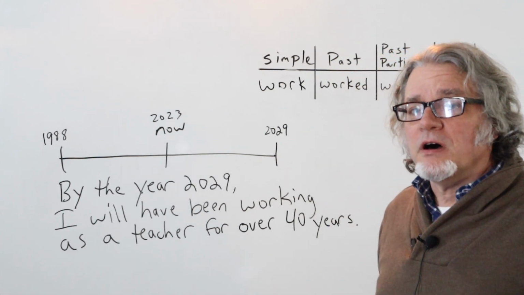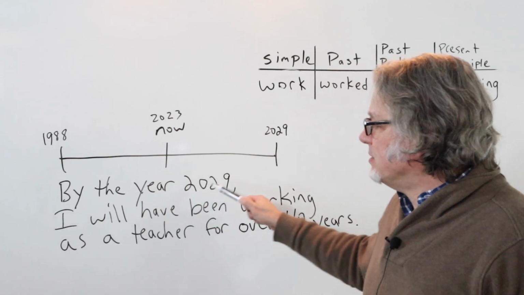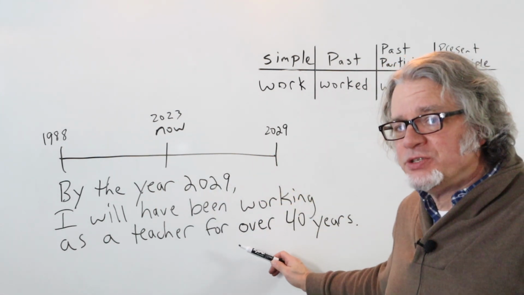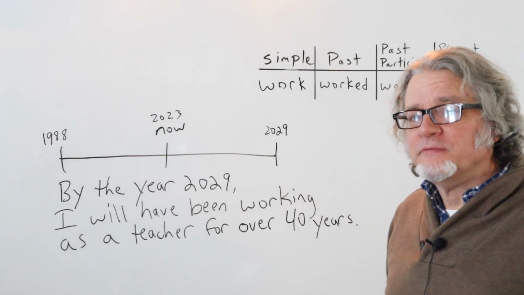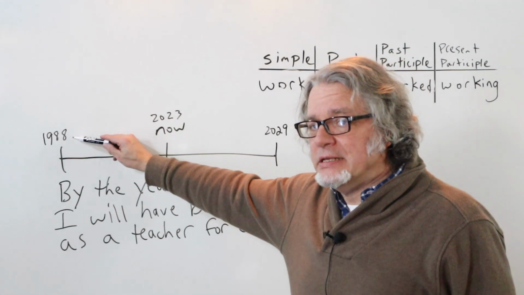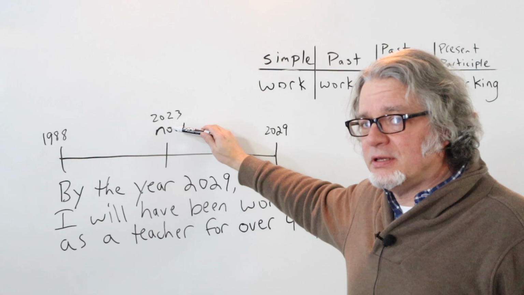Here's an example of the future perfect continuous tense. By the year 2029, I will have been working as a teacher for over 40 years. I started in 1988. It's 2023 now.